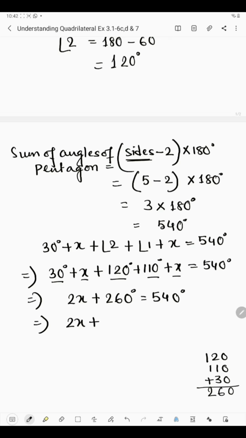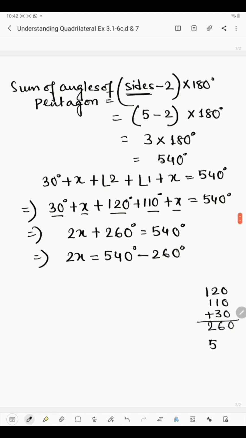So 2x is equal to 540 degree minus 260 degree. Now 540 minus 260. So 0 minus 0, 0. 14 minus 6 is 8. 5 will be 4, 4 minus 2 is 2. So 2x is equal to 280 degree.